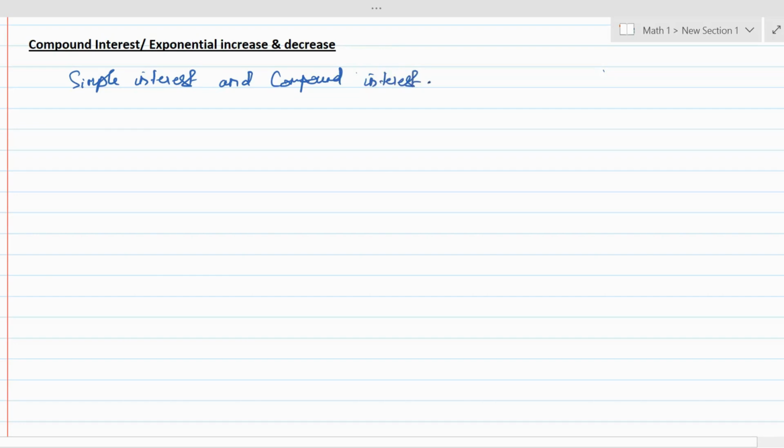Let's pick up this scenario: we have $1,000 to be invested, for a time of 3 years.